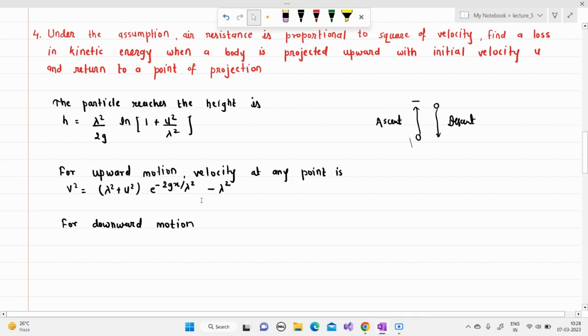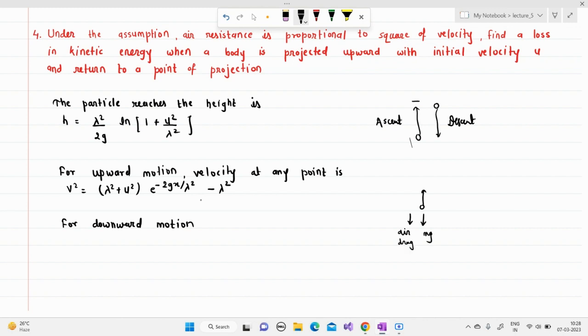Okay, now first, see, in the previous question, the body was moving upward, air resistance was downward, and gravity was also downward. This is drag, and this is mg, and this was the net acceleration. Fine.